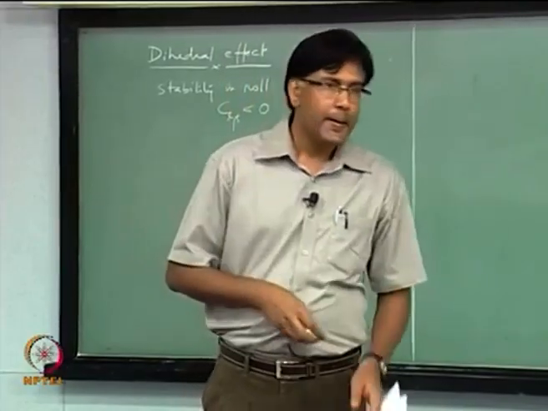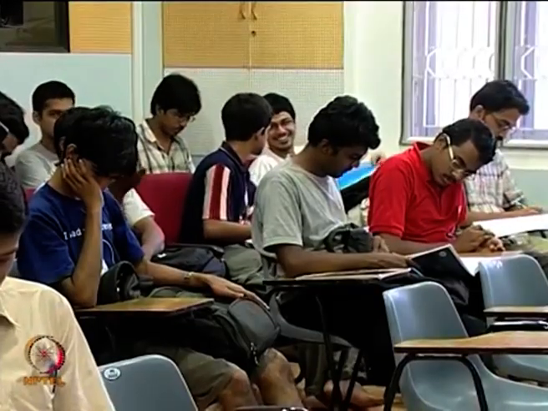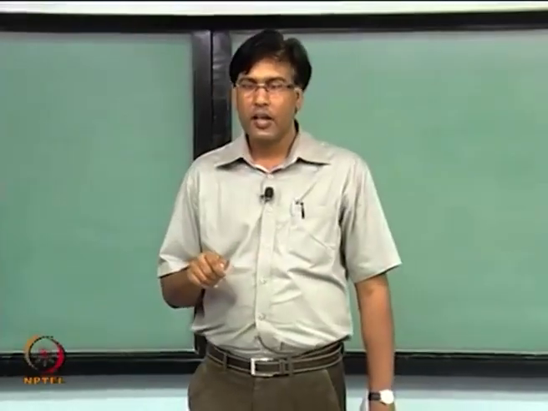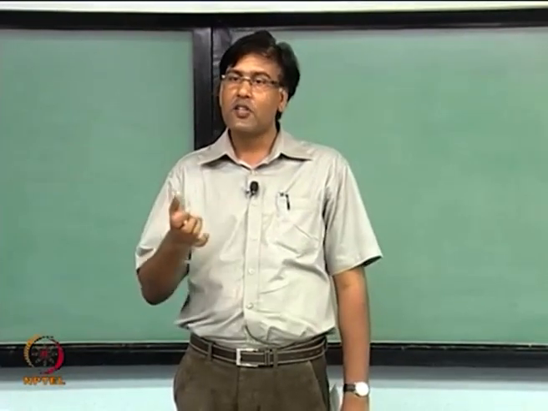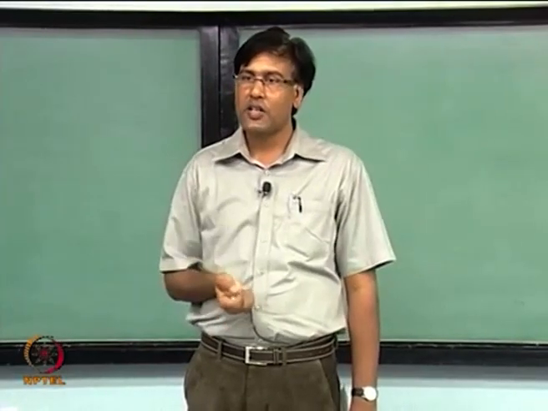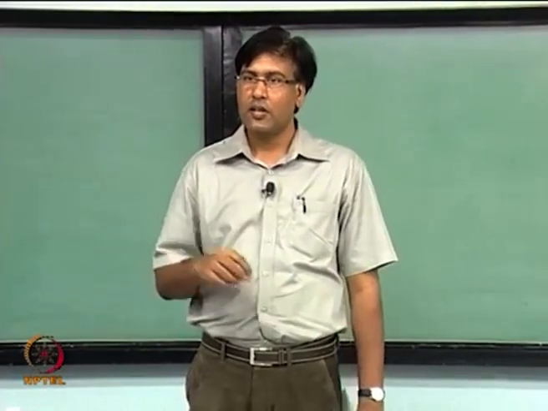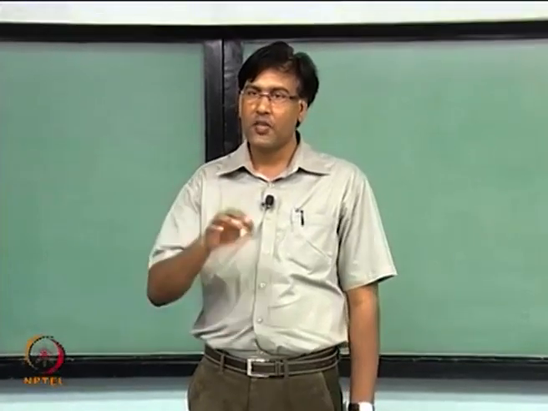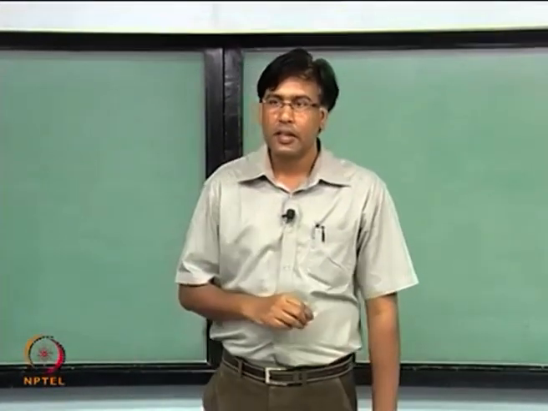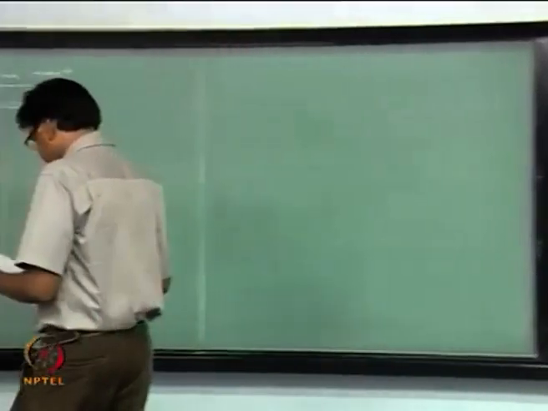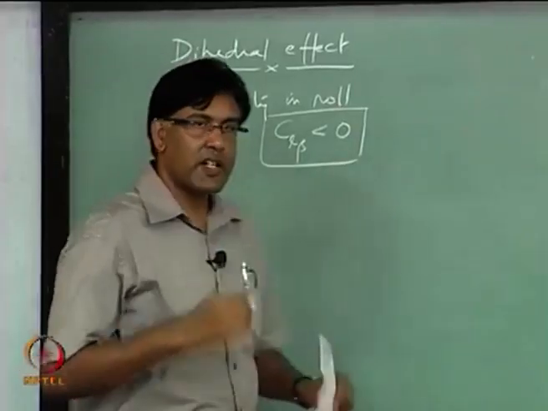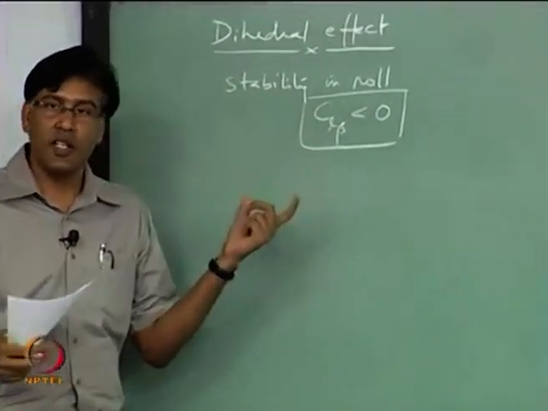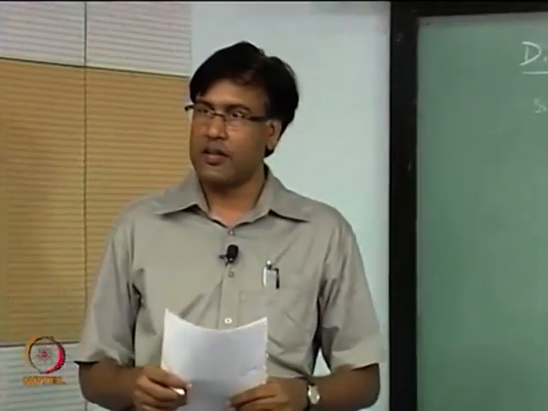So, there is a roll upset from wings level flying condition, and there is a side slip because of that, and you want to see if the aircraft is going to come back to its wings level condition or not. That is my trim condition about which we are checking the stability. So, that was another interpretation of why this CL beta should be less than 0 for roll stability.